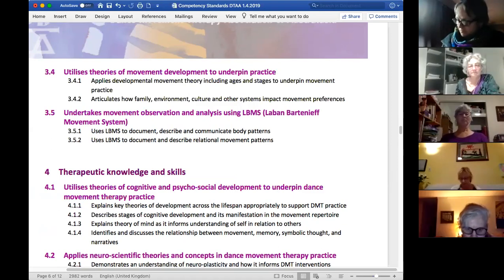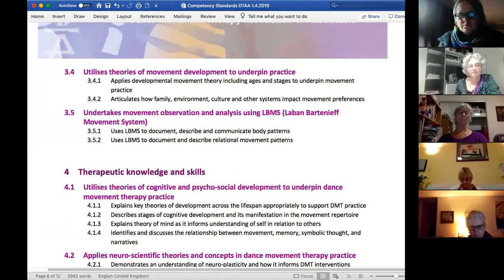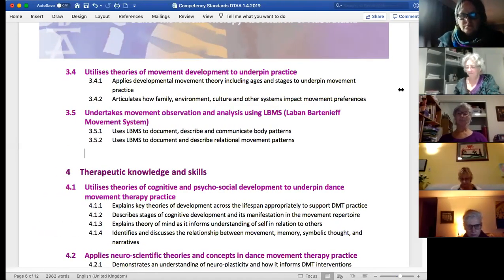So the ability to use LBMS to document, describe, and communicate body patterns as well as relational movement patterns. So we'll pause here and see if there are any questions.